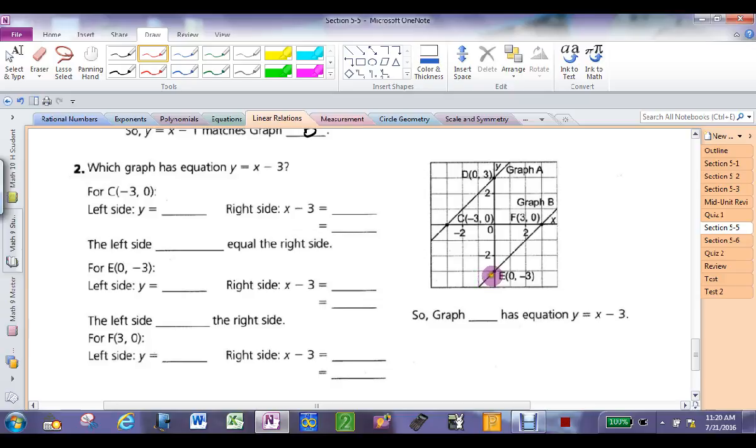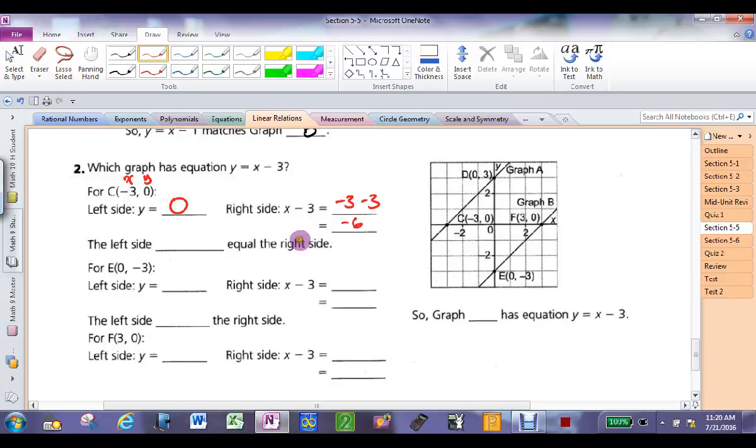Right? So, this side is the negative 3x or y? X and y, there's the equation. So y gets what? 0. X gets what? Negative 3.